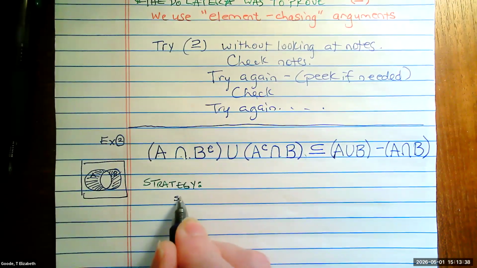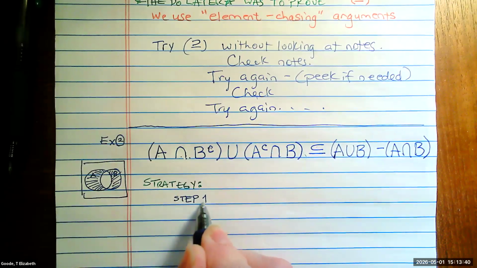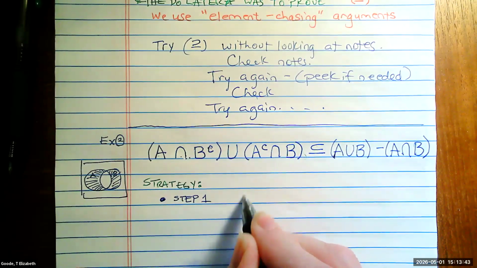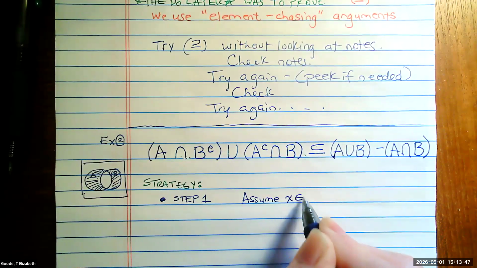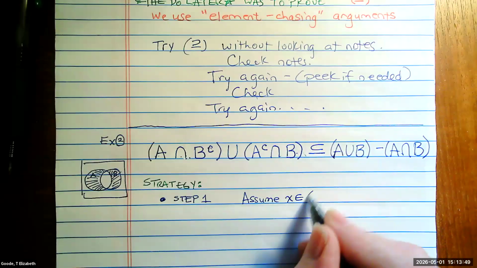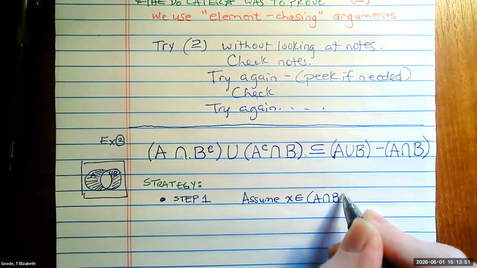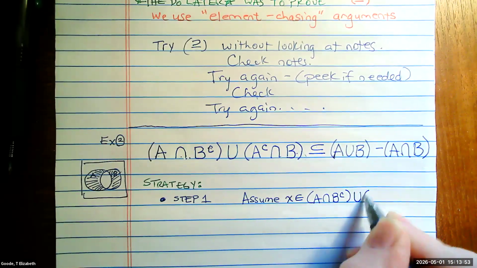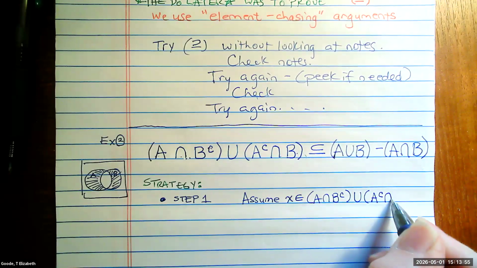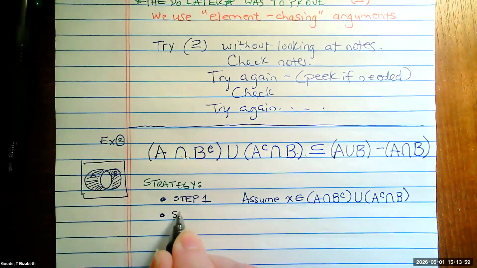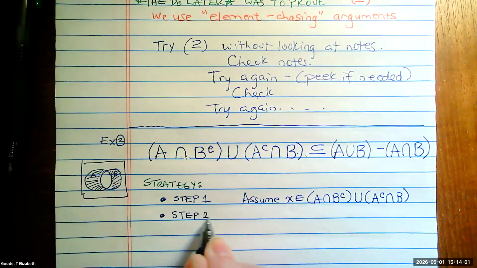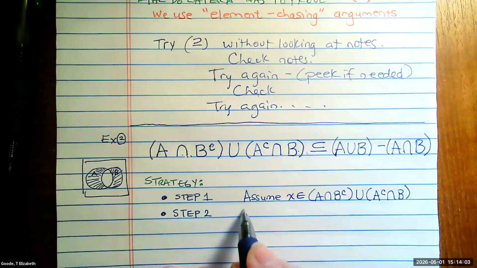So step one, assume X is an element of this set, A intersect B complement union A complement intersect B. And then in step two, where do we want to show X lives?